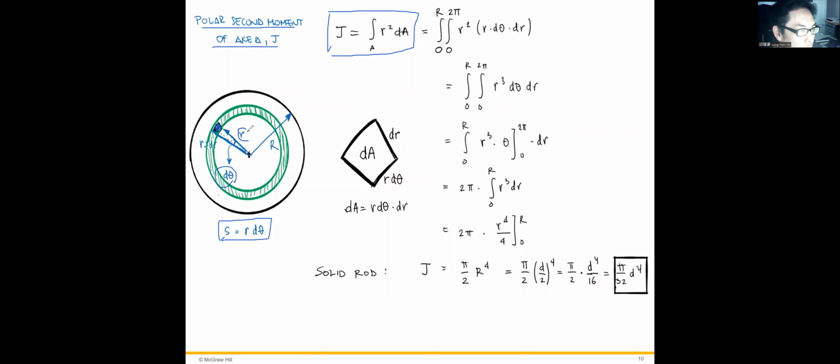Therefore, the arc is r d theta, and the dr is right here. I'll change the color. So the dr is right here, or say the S, and this equals r times this. Oh, sorry, a little bit ugly.